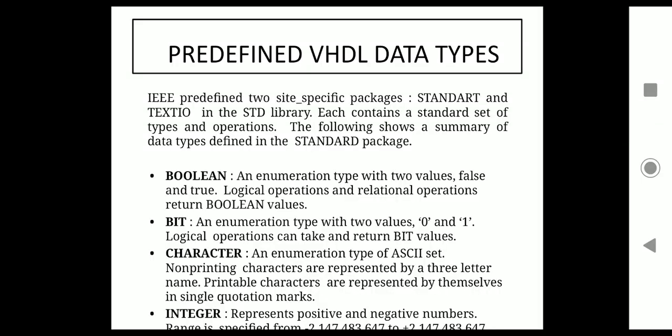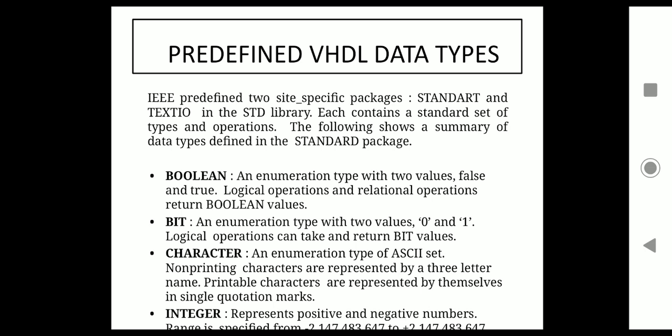Now the third data type is predefined VHDL data types. These again have some subtypes such as boolean, bit, character, integer. Now what are those? Some IEEE predefined, two site specific packages, that means standard and textio. Each standard library contains a standard set of types and operations.